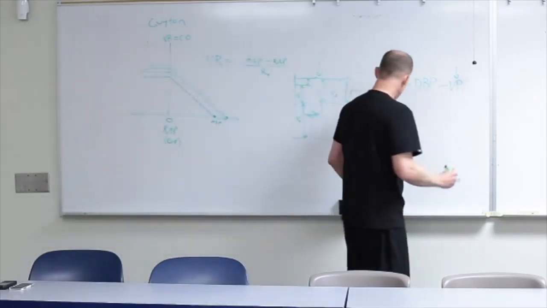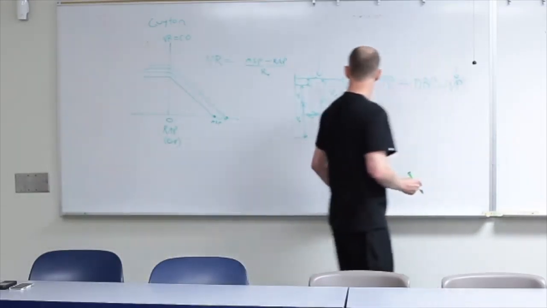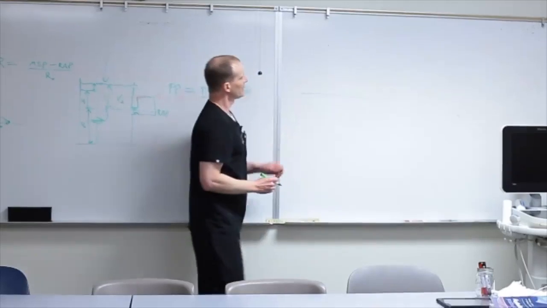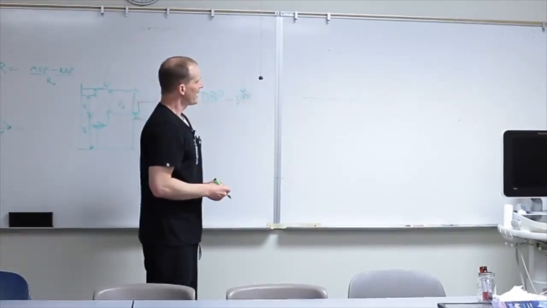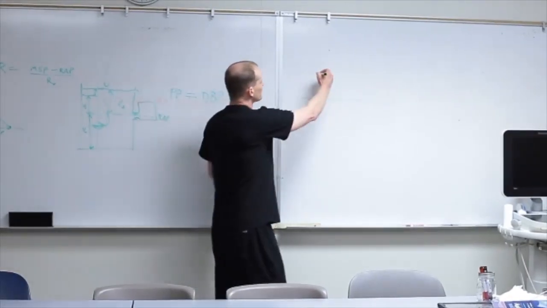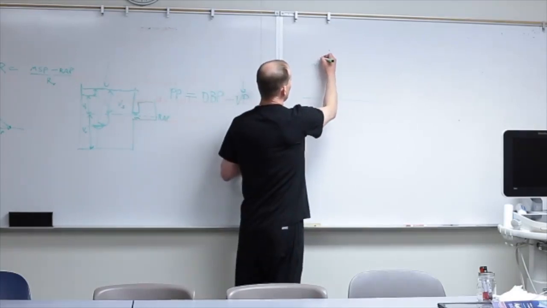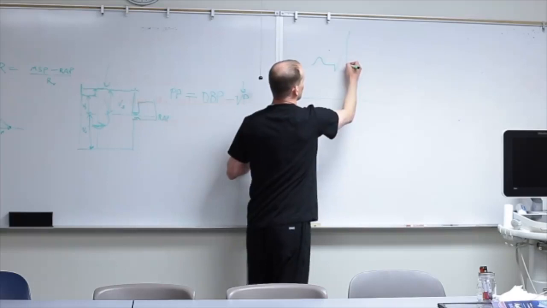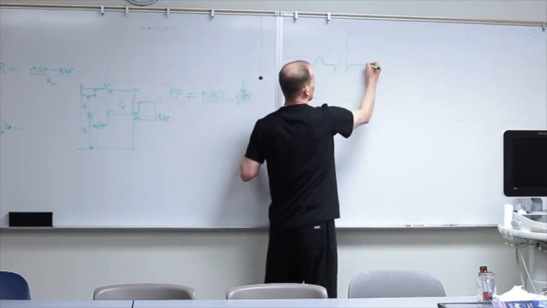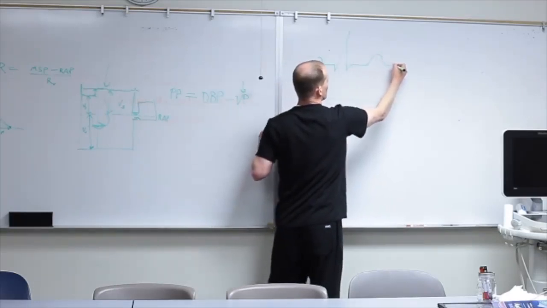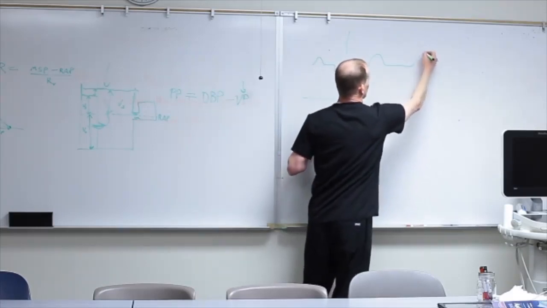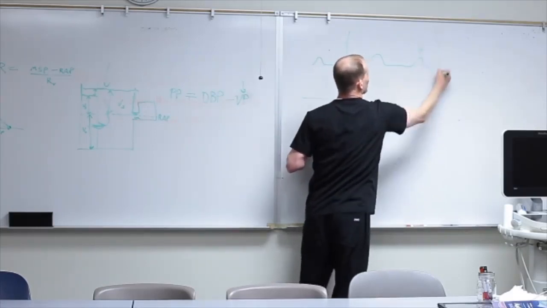Well, we've got a baseline pressure here, and let's take the cardiac cycle. So we've got a P wave, we've got a QRS, and then we've got a T wave, which is repolarization, right? And then we get another P wave, and the cycle starts again, right?